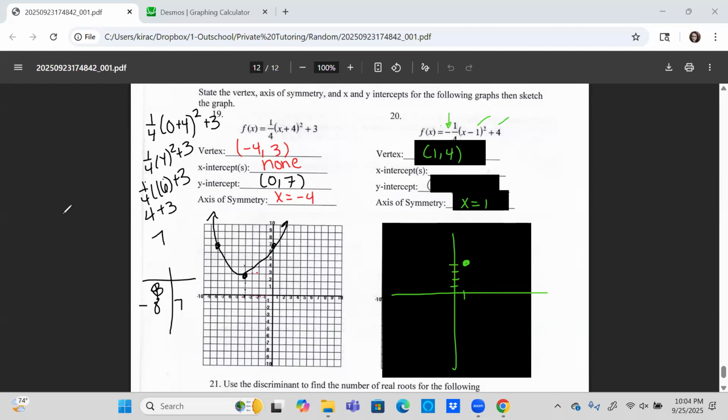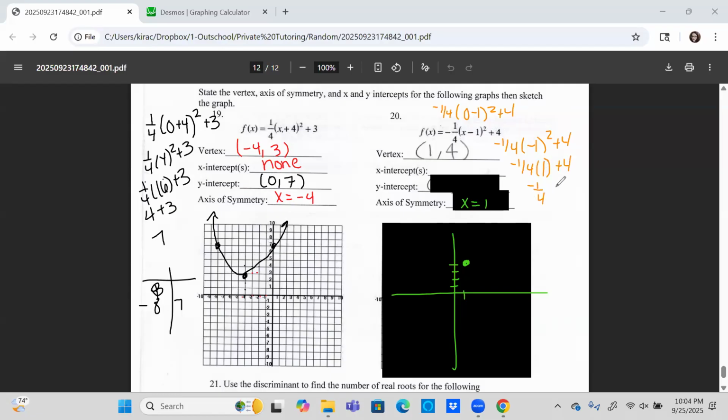So let's get the y-intercept first. Let's go ahead and plug in 0. I know I've got part of the function covered up. That's annoying, isn't it? All right, let's plug in 0. So that's going to be -1/4 times (0 minus 1) squared plus 4. That's -1/4 times 1 plus 4.